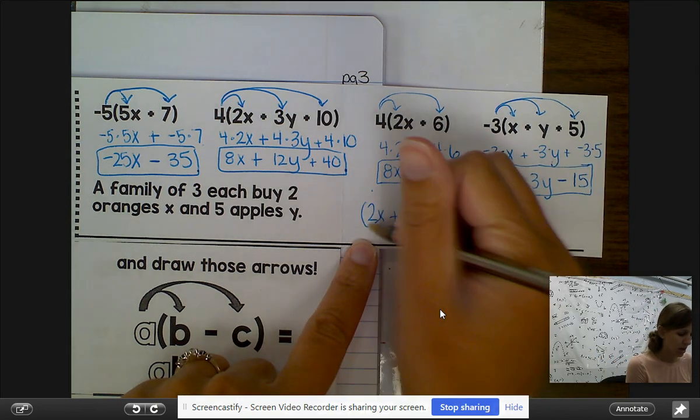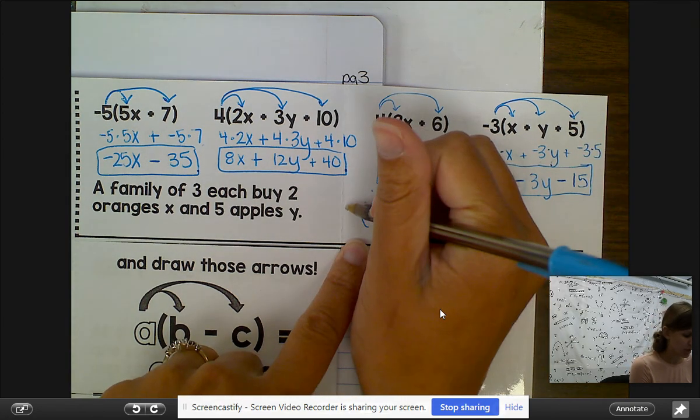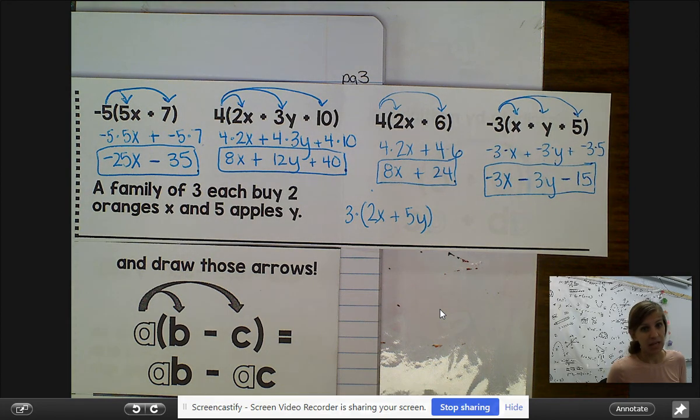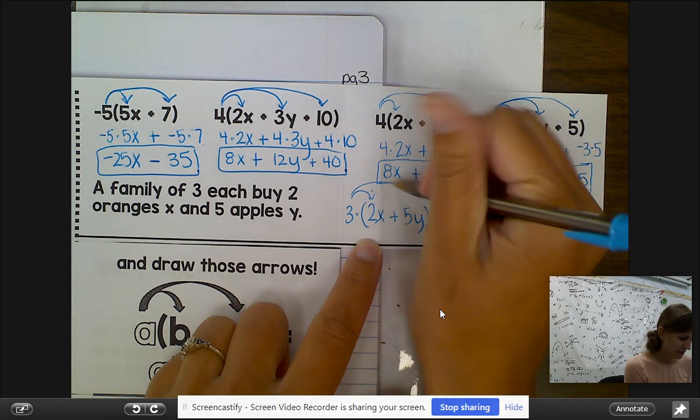Each is a really good multiplication word, we're getting 3. So that's why this ends up looking like the distributive property. Each person in that family, so 3 times, is getting 2 oranges and 5 y apples. And so then we distribute.